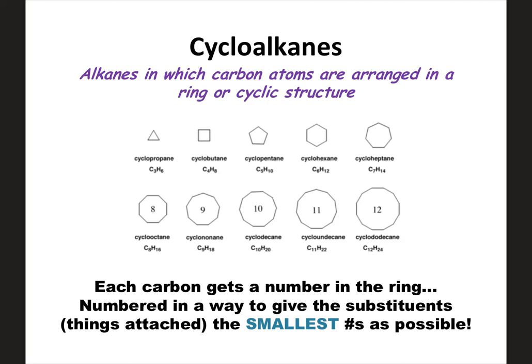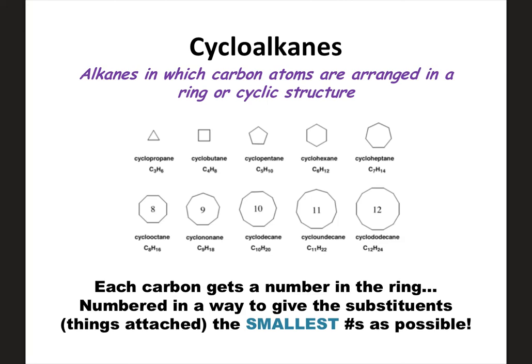So a triangle would represent cyclopropane, a square would represent cyclobutane, and so on. If you actually needed to name these and you have other groups attached to these ring structures, we call those things substituents. Substituents are just these groups that are attached. If you were to have these groups attached and you need to name this, you would have to number the carbon atoms in a way so that your groups would have the lowest number possible.